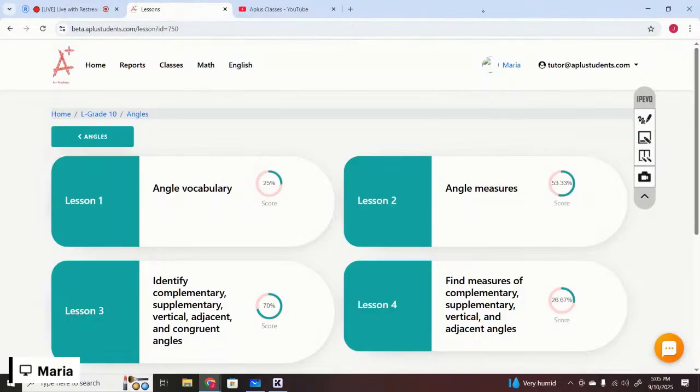We're going to start with the chapter angles. Let's just start with the first lesson, that is angle vocabulary.